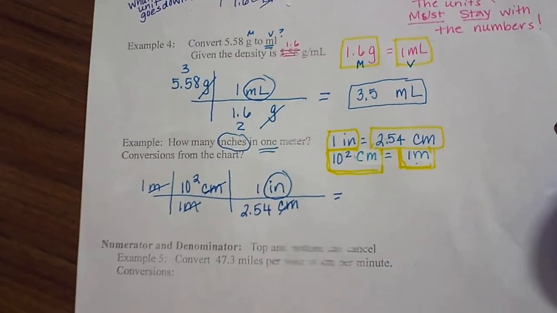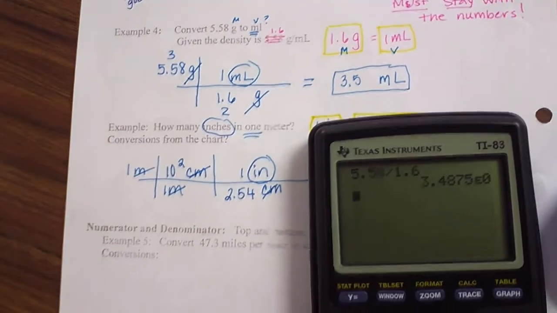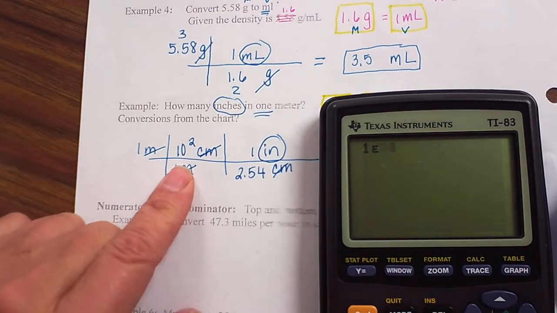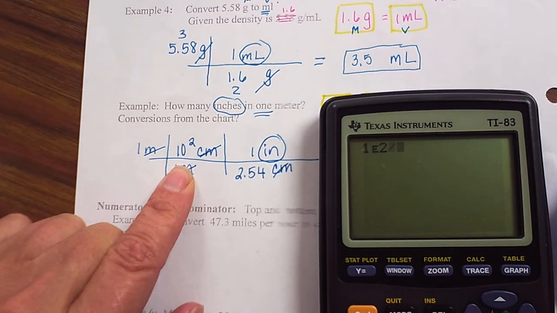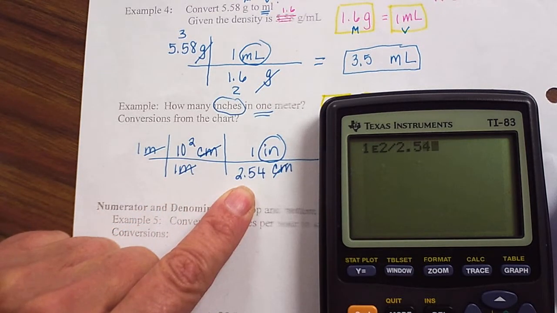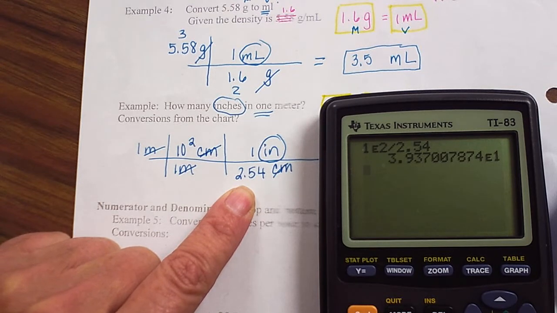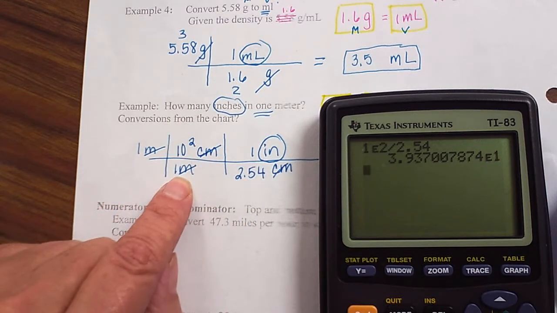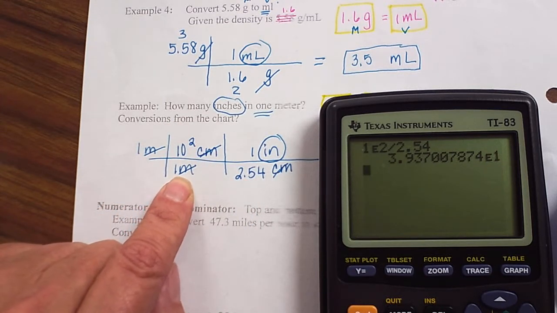I get my calculator. 1E2 divided by 2.54. And I get 3.94, because I'm going to get 3 digits. This is a definition. 100 centimeters is just defined as 1 meter.